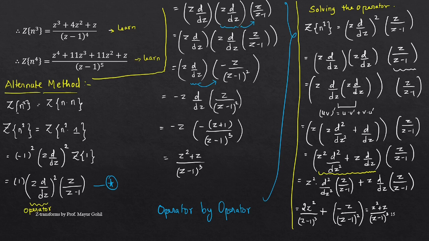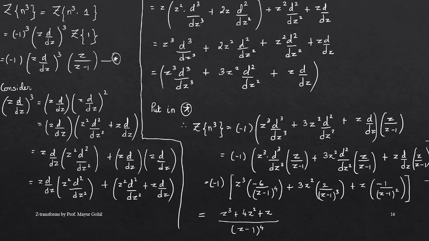Okay, I hope you followed the procedure of solving operator by operator, solving the operator and getting the answer. So I have shown you both the methods here, that is how to solve for the operator.